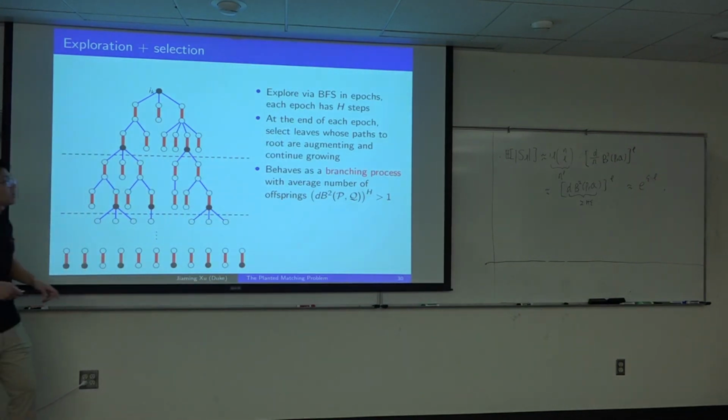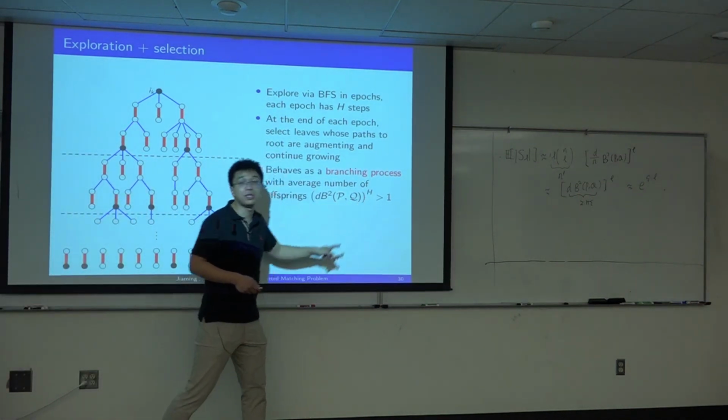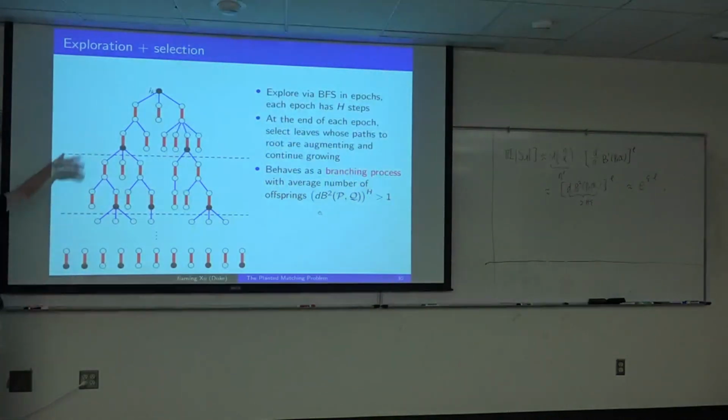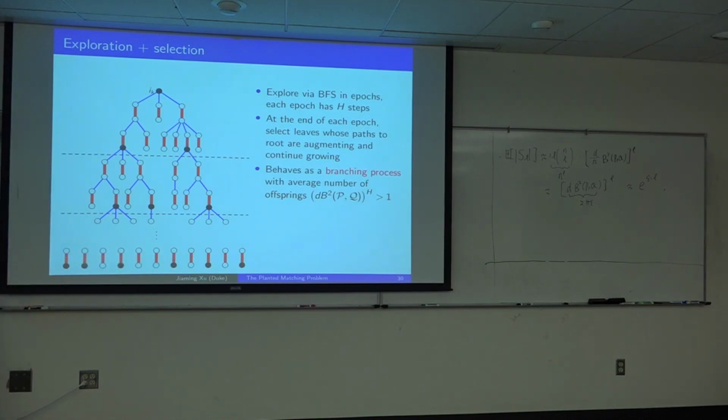And because we're in the negative direction, this is bigger than 1 plus epsilon. So if you choose h to be large, this is much bigger than 1. That's why we have a supercritical branching process. So we can imagine this process continuing until we find enough of the desired augmenting paths.